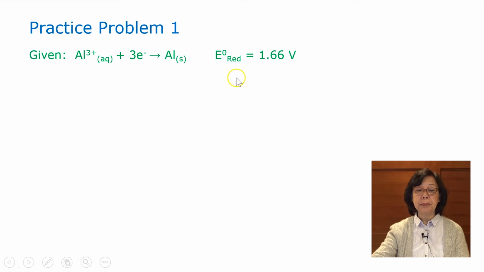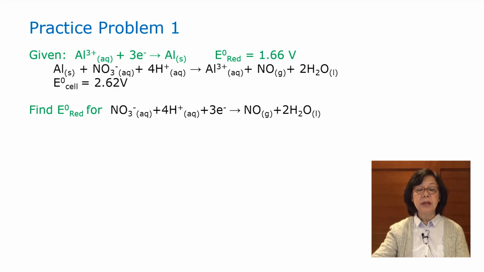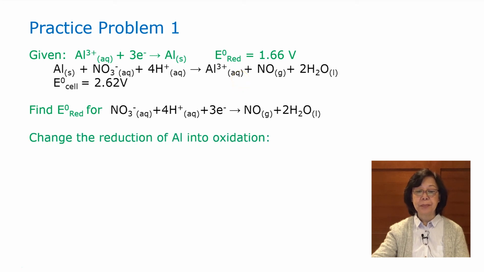Practice problem number 1. Given the reduction of aluminum ion with the cell potential of negative 1.66 volts and the overall reaction with an overall cell potential of 2.62 volts. Find the reduction potential for the nitrate to become NO gas.